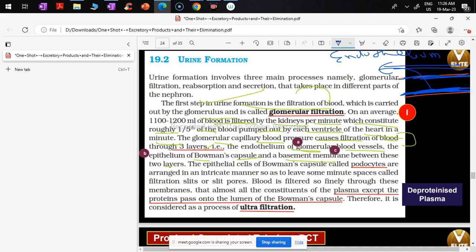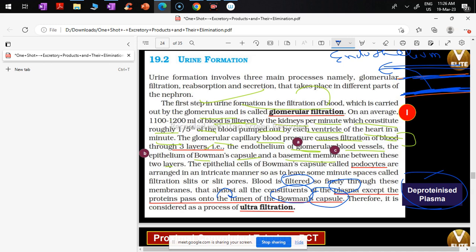it is called ultrafiltration. All the constituents of plasma are filtered and pass on to the lumen of the Bowman's capsule except proteins. So can we call it deproteinized plasma? Note it down: deproteinized plasma. Why?